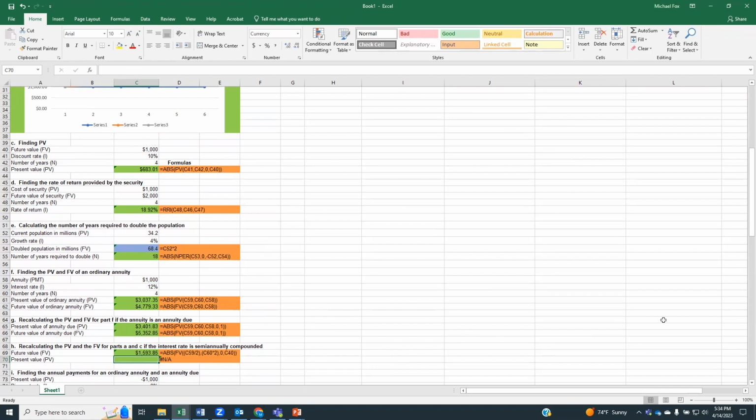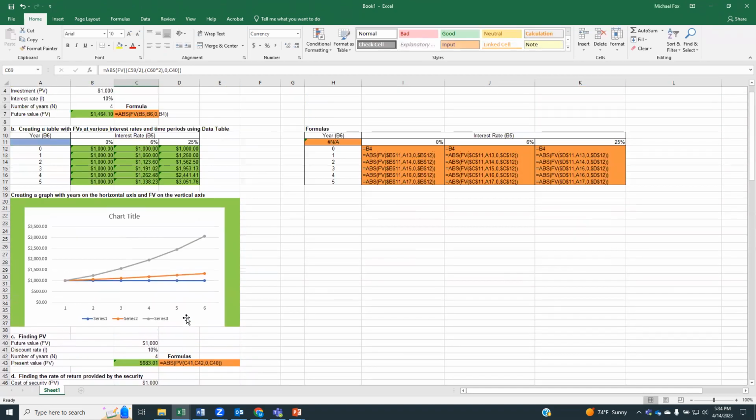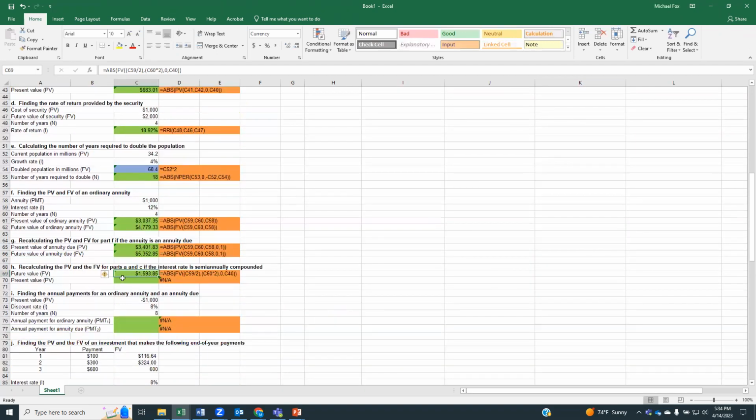Let's see. Something feels off about that. Let me make sure I did that right. Well, you know what's off? I said I was using these amounts down here instead of the amounts from part C. So I'm going to redo this.